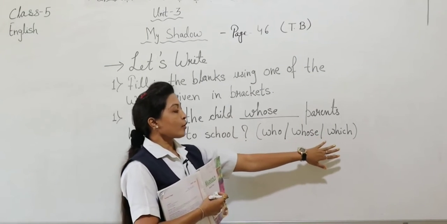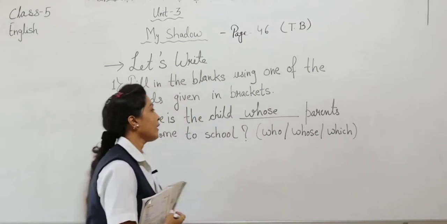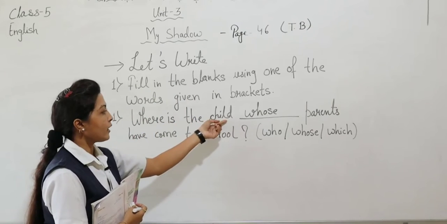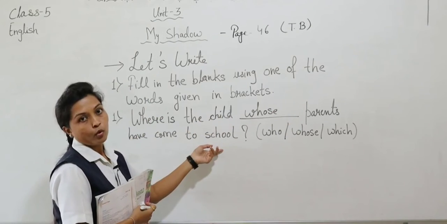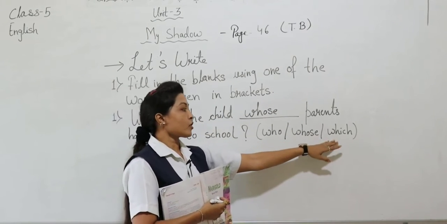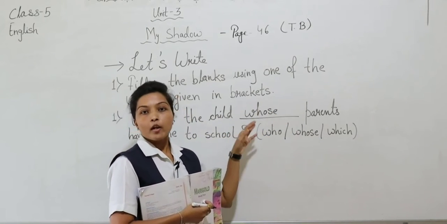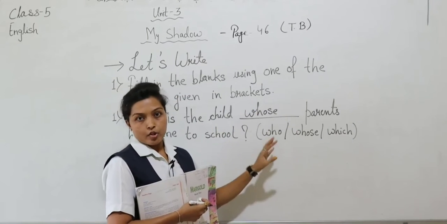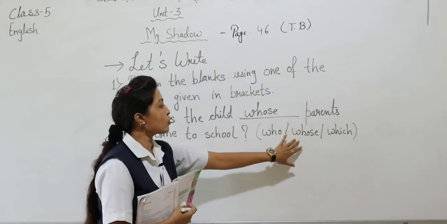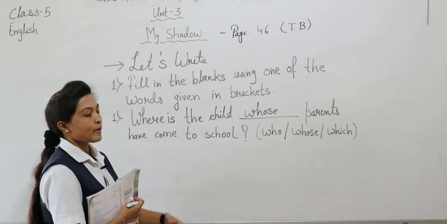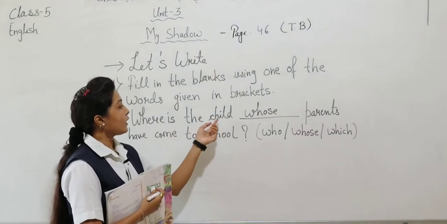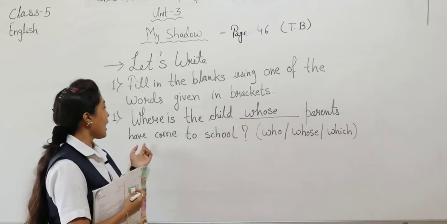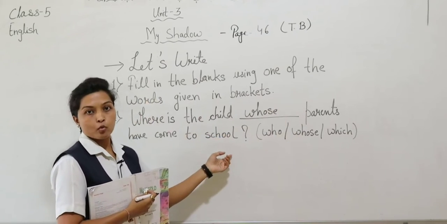If I use which, 'where is the child which parents have come to school', no. Whose we use to specify a person. So: where is the child whose parents have come to school?